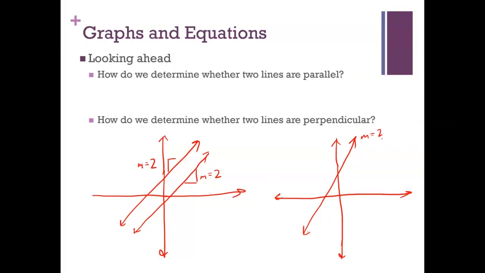So let's say this one has a slope of 2, but then if I graph one that is at a right angle to it, what's the slope of this other line? -2? Well, it's definitely negative, right? But it doesn't look as steep as the other one.